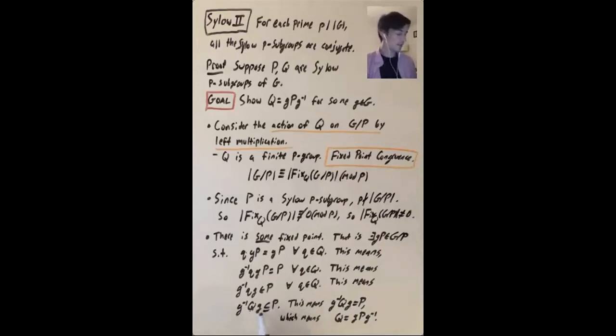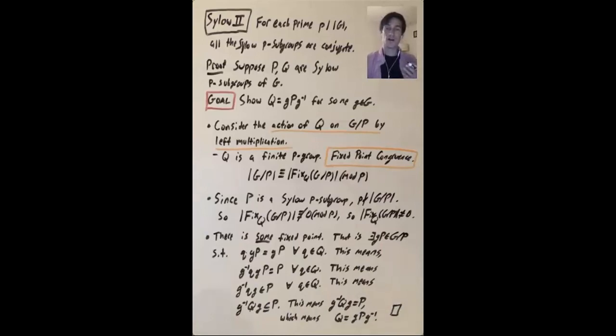So if one of them is contained in the other, then in fact they are equal. So g inverse Q g equals P, which means Q is g P g inverse. Q is the conjugate of the subgroup P by the element g, and that's what we were trying to prove.